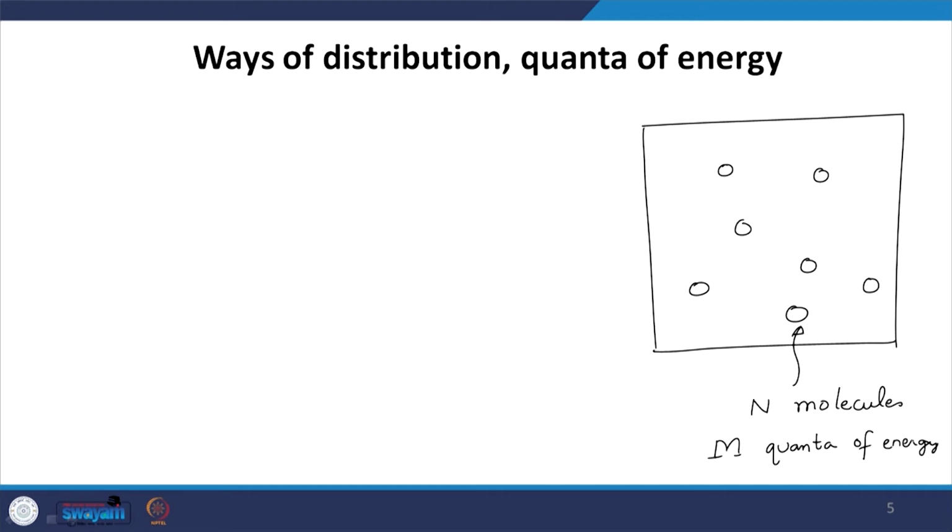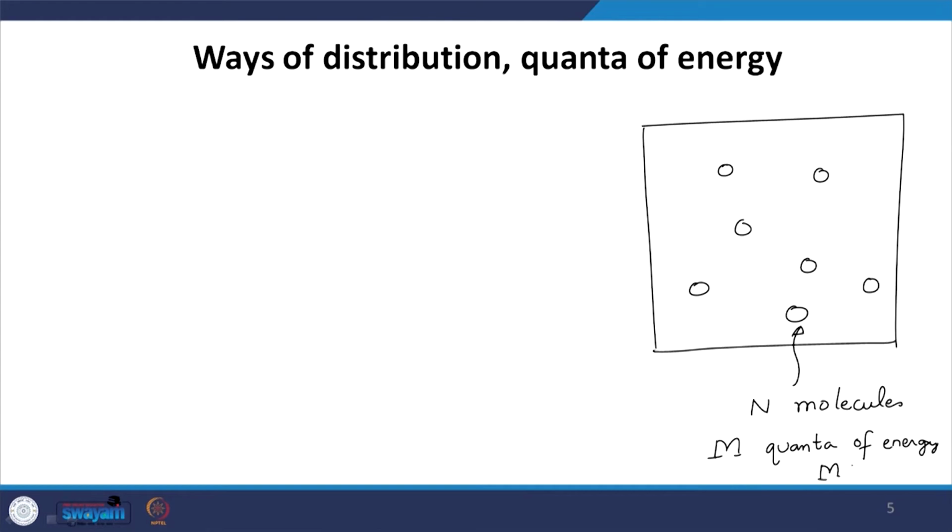And for the sake of argument, let us assume that the energy levels are equally spaced. That means total energy is equal to m multiplied by epsilon, although you can extend to a non-uniform distribution, but that does not really change the main findings. So, now what is possible, right? So, now just like chocolates, every molecule can have 0 quanta, 1 quanta, 2 quanta, 3 quanta, and maximum number of quanta it can have is m, right.